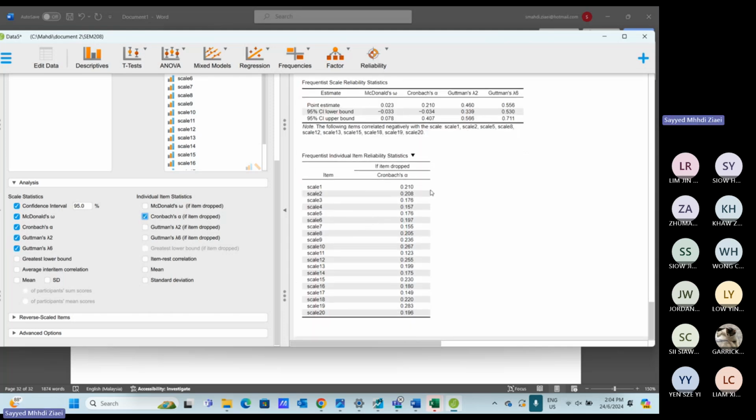If we drop scale 1, our Cronbach is 0.21. If we drop scale 2, our Cronbach is 0.28. So if we get a high value here, it means we should drop that scale. It means that scale is going to deteriorate the result. We should drop that one. It's very, very useful information.